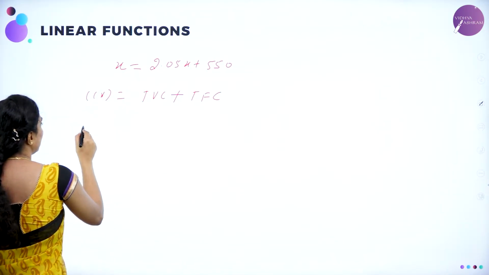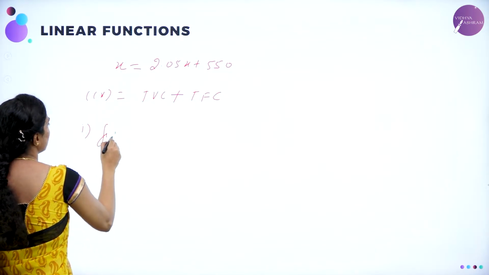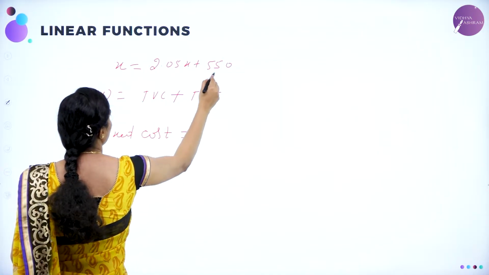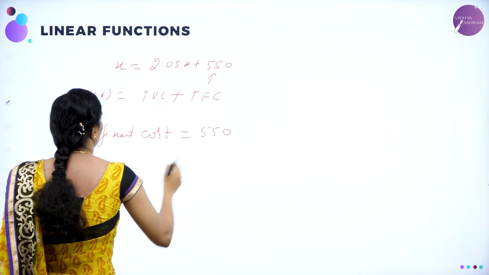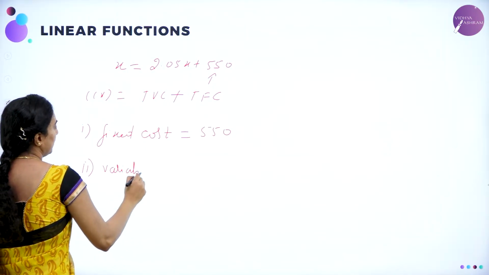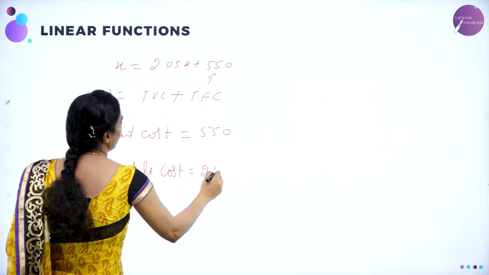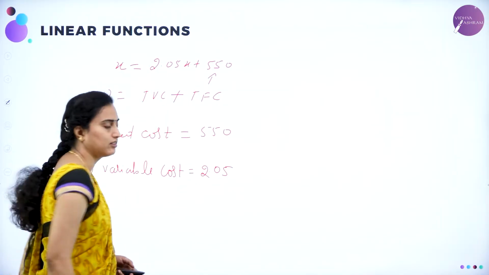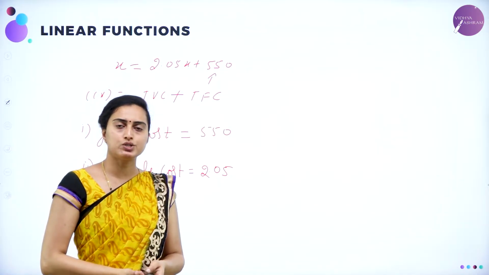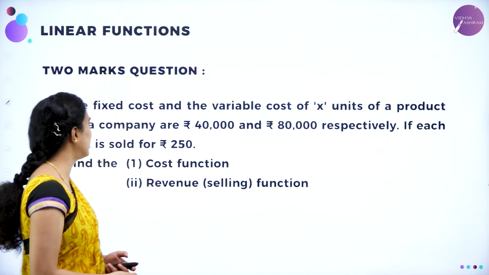Fixed cost will be equal to 550, and then the variable cost will be equal to 2.05. That's it, yes. They have given the cost function. You need to find out what is the variable cost, what is the fixed cost. We'll move on to the next question, dears.